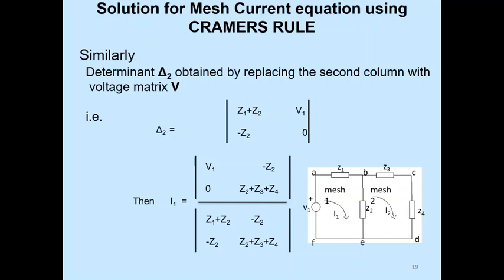So I1 is equal to delta 1 by delta. I1 is equal to the determinant of V1, minus Z2, 0, Z2 plus Z3 plus Z4, divided by the determinant of Z1 plus Z2, minus Z2, minus Z2, Z2 plus Z3 plus Z4. By solving this, we can find the current.